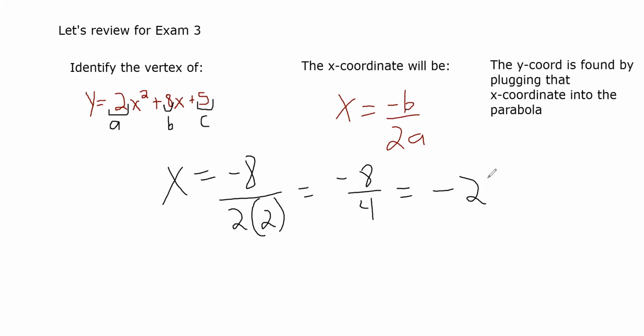We're not done though. The vertex is a point on the graph, so you better write it as a point with an x coordinate and a y coordinate. Now the x coordinate is kind of the heavy lifting.